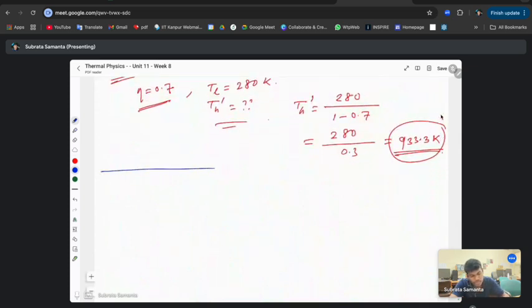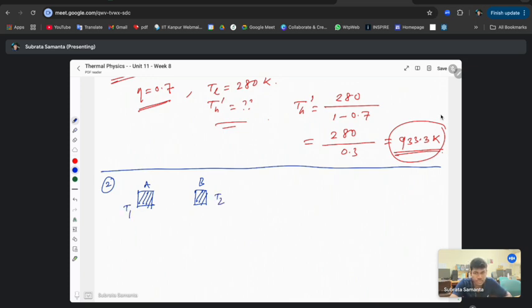So in problem 2, there is a system A and another system, let's say B. System A has temperature T1 and system B has temperature T2. And the specific heats, let's say C1 and C2, are different.